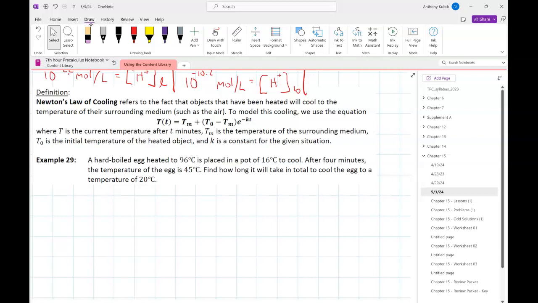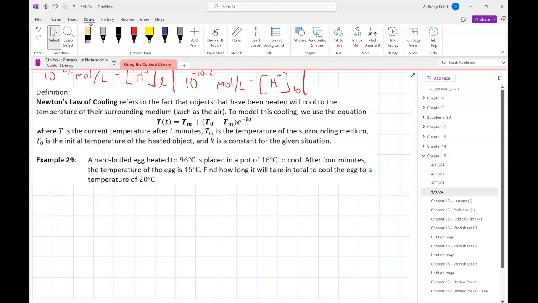K is a constant. That constant K is specific to whatever substance you're heating up. So the K for a cake would be different than a K for a sword, which would be different than the K for glass, which would be different than the K for a pizza roll. Everybody's okay with that?